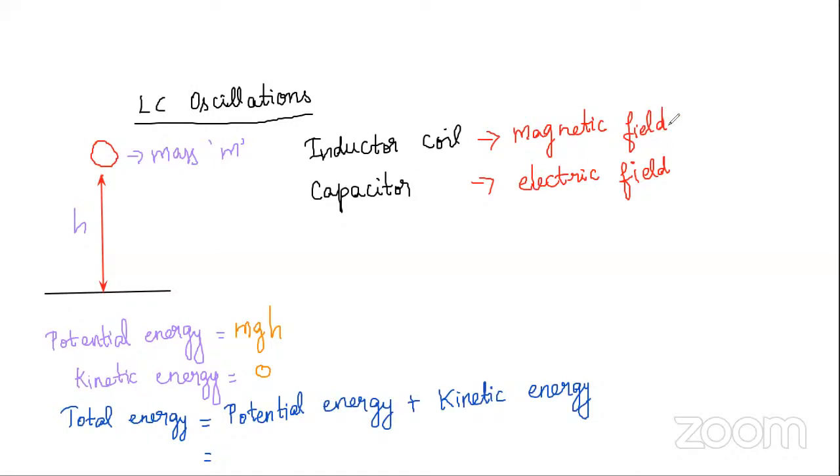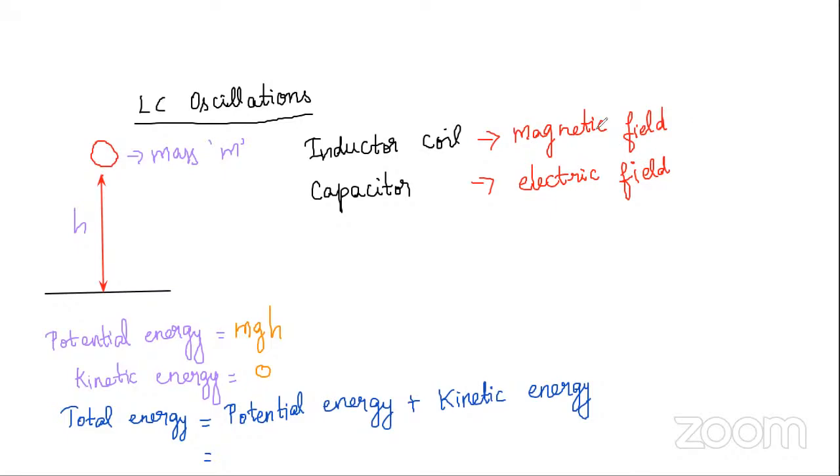Okay, when you supply some energy to this circuit, initially the total energy is stored in the form of electric field, and the magnetic field energy will be zero. In course of time, the energy stored in the form of electric field decreases, and the energy stored in the form of magnetic field increases.